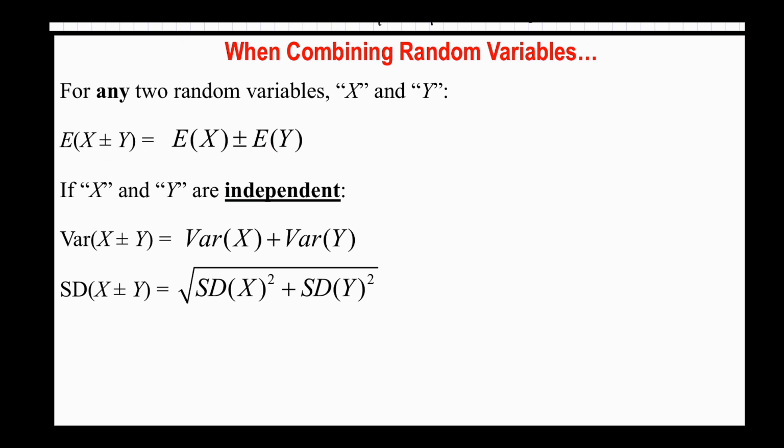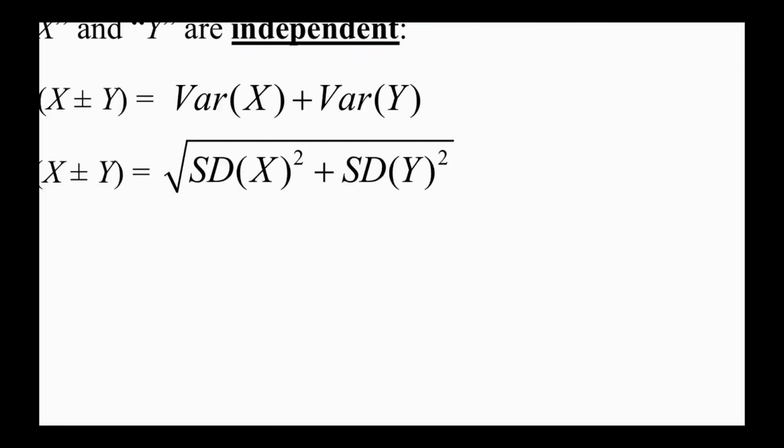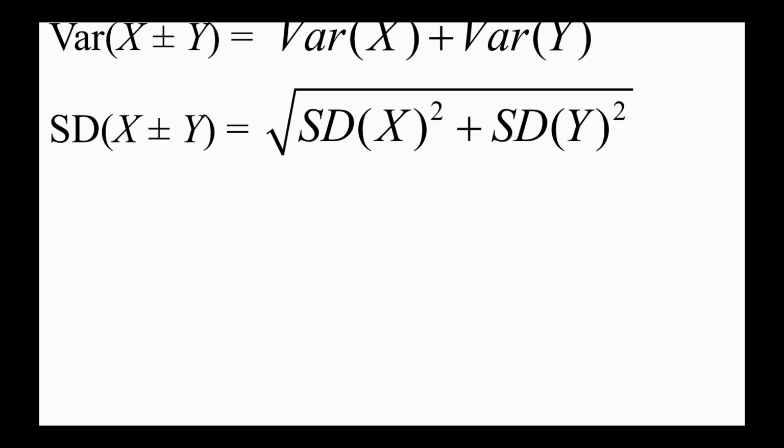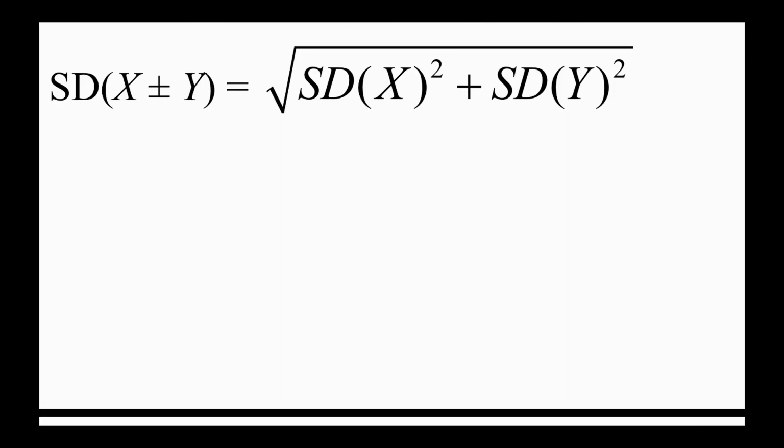Standard deviation, variance, we rarely use. I always put it there just in case, but it's mainly standard deviation. So if I'm combining standard deviations, notice how that one's different. This is always a plus in here. It doesn't matter if I'm adding or subtracting, combining or finding the difference.